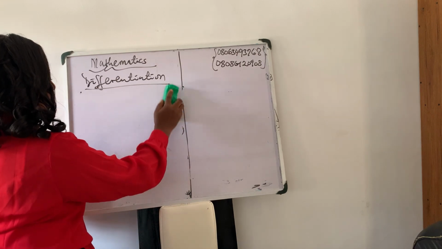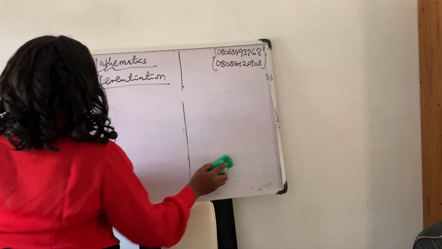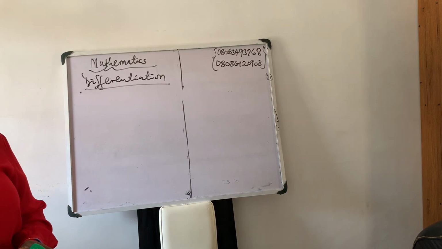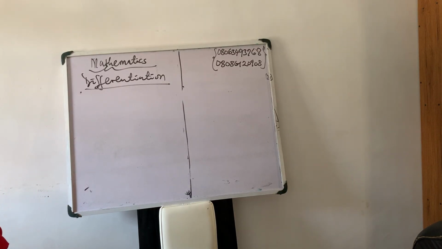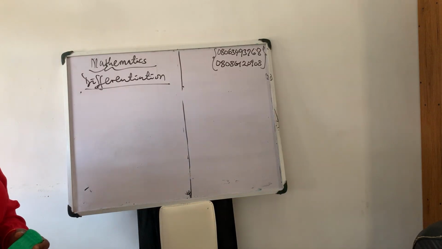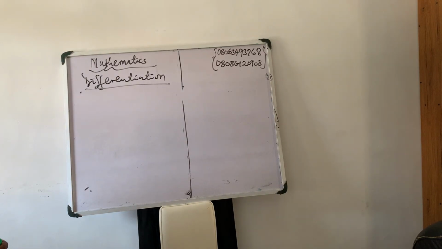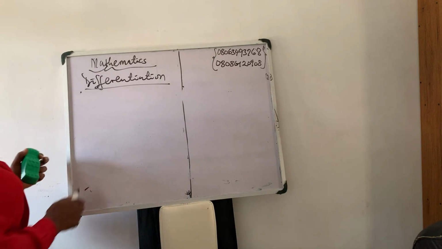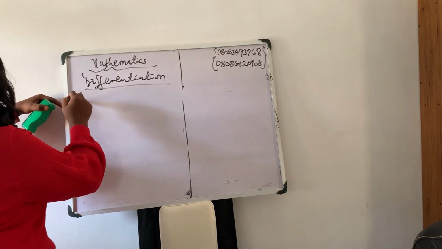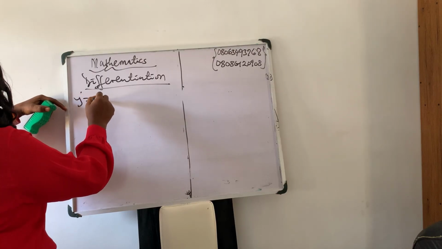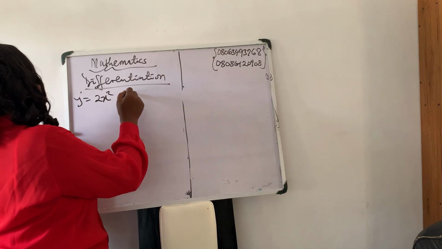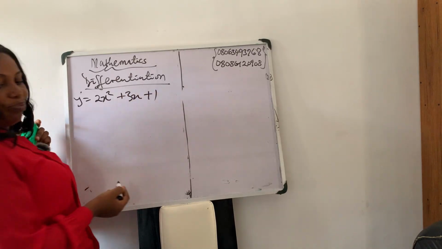We'll solve one more example for a clearer and deeper understanding of the first principle method. Let's look at another example. Differentiate using first principle, y equal to 2x squared plus 3x plus 1.